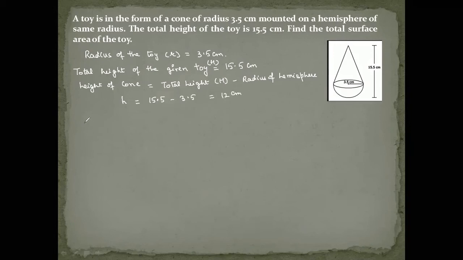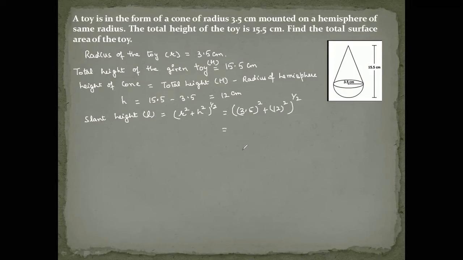Now we can find the slant height, and it will be denoted by L. So that is the square root of R square plus H square, or we can write it as one by two. Both are the same thing. So R is here 3.5 square plus 12 square, under root.